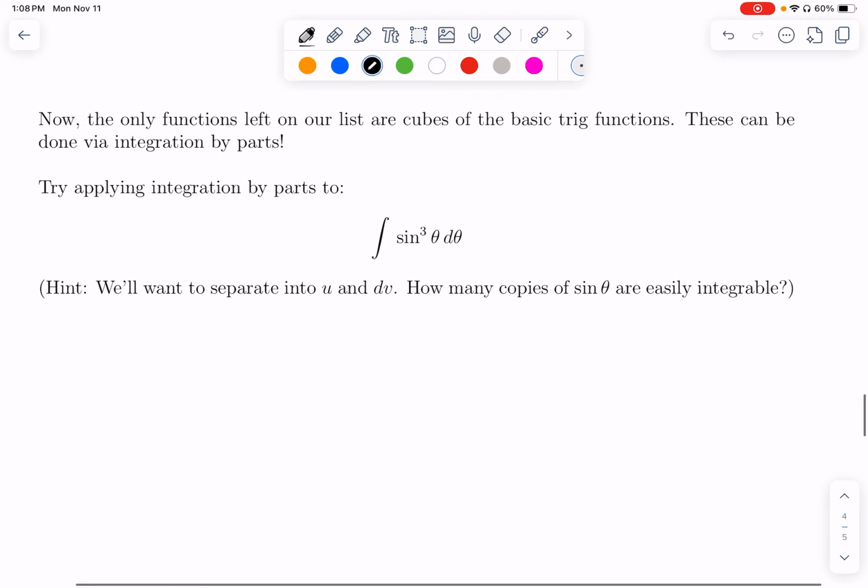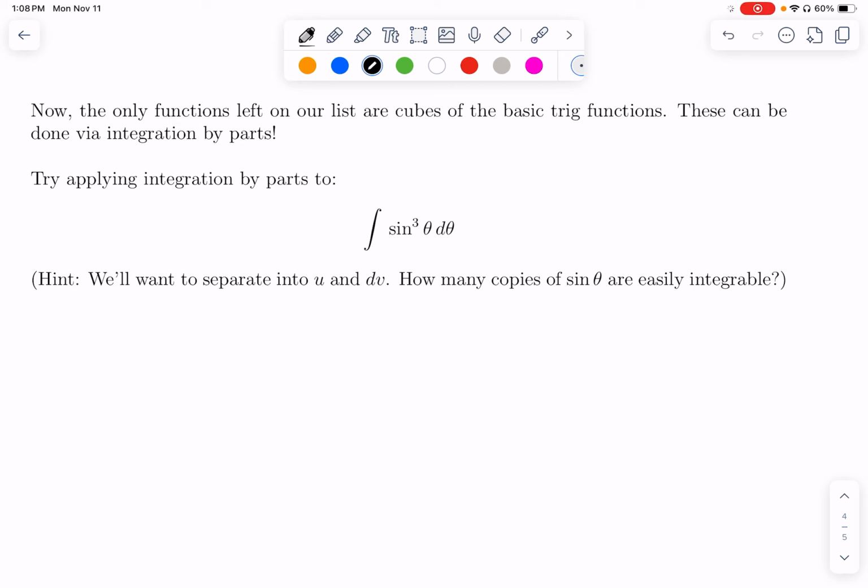All right, just a couple more. So what about sine cubed, right? We have tangent cubed. The ones we haven't addressed are sine cubed, cosine cubed, and secant cubed. So here's my hint, right? I want you to try the first step. If we're trying to integrate that, do it with integration by parts.